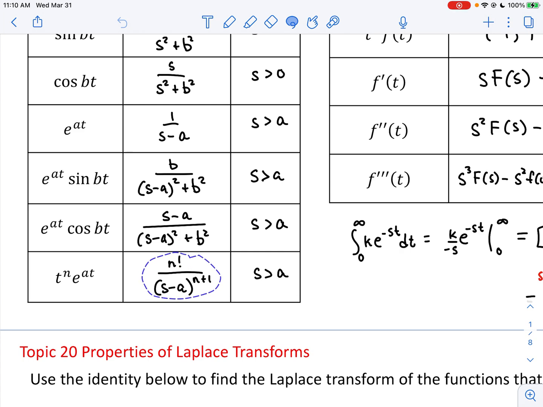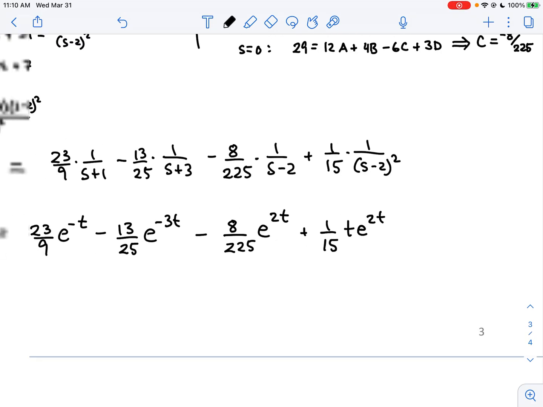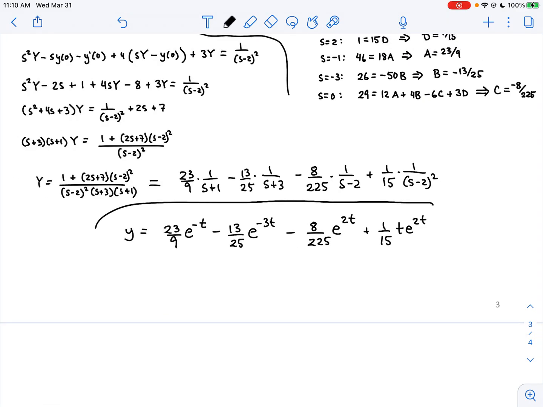So n will be 1 and a will be 2. So this will be t times e to the 2t. So nothing needs to be adjusted. We already have the correct numerator up there. So the inverse Laplace transform of this is t e to the 2t. So we have plus 1/15 t e to the 2t. And there is our solution.